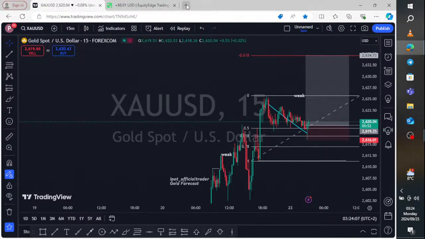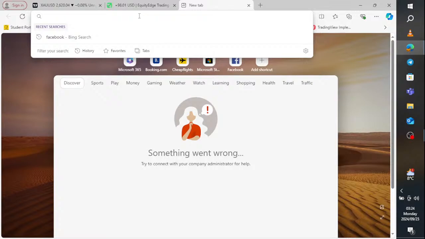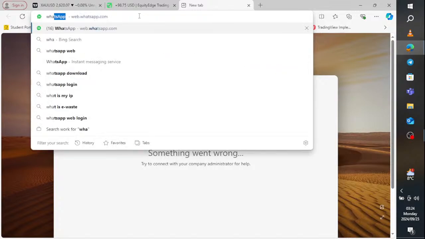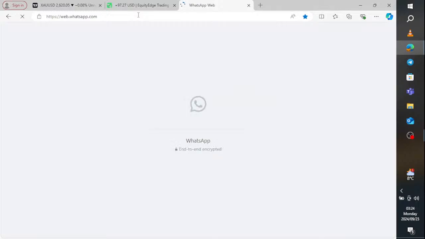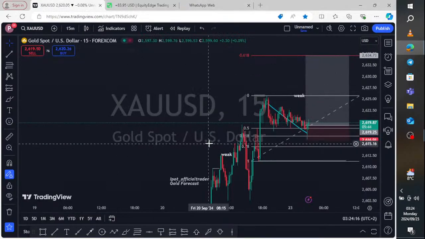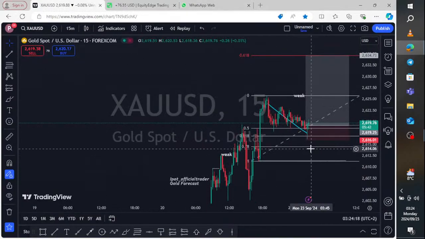Let me also share this setup into the premium group. Let me share this thing into the premium group.